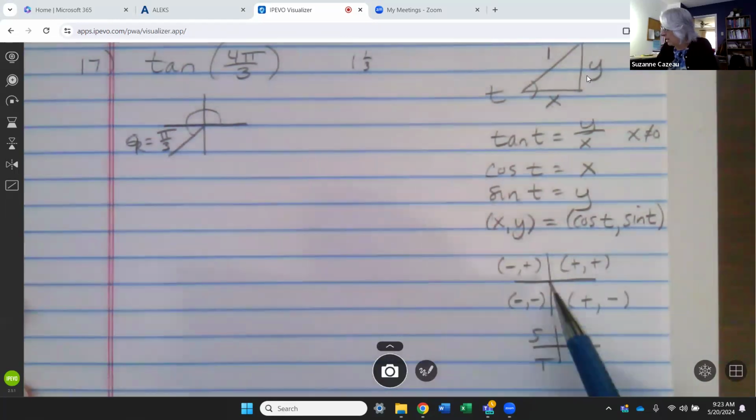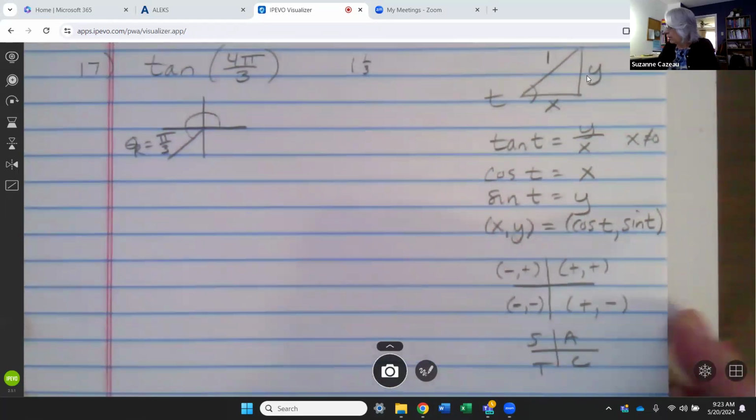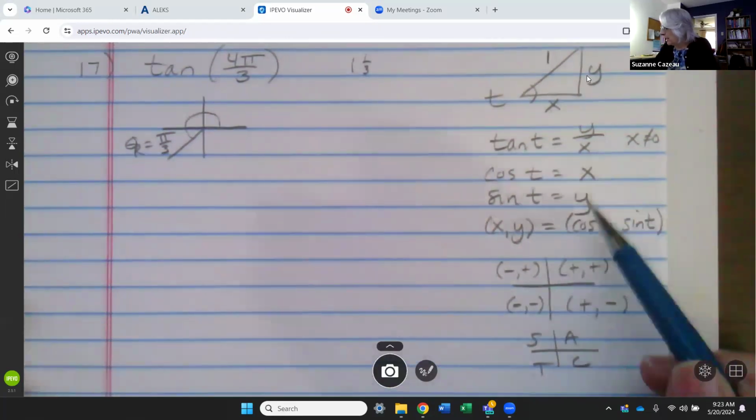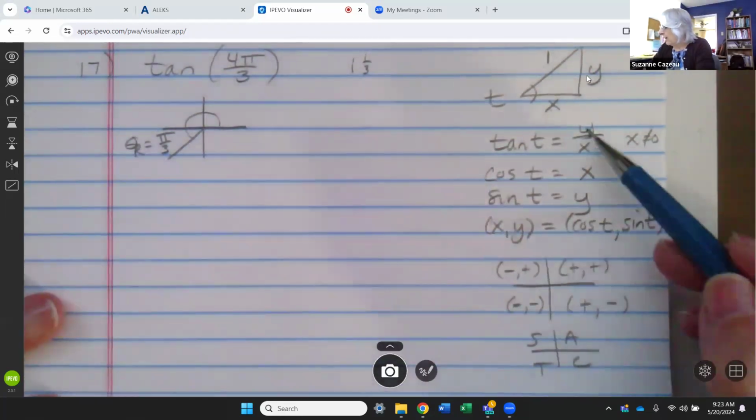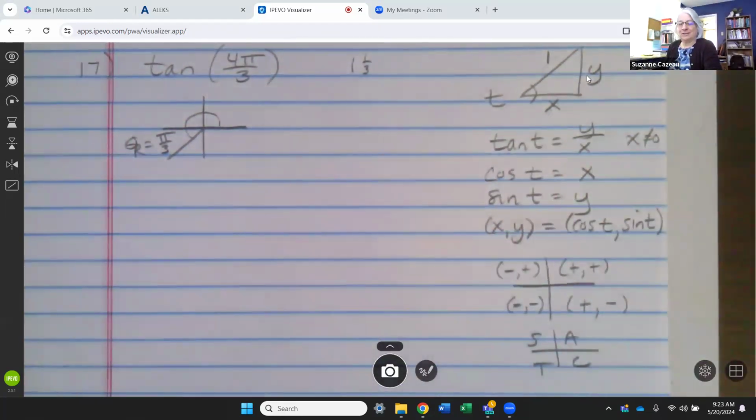Now you're thinking about what happens with the little triangle in there. Or you could do sine over cosine to get your tangent, which is y over x. Any way you look at it, you're going to get the right answer.